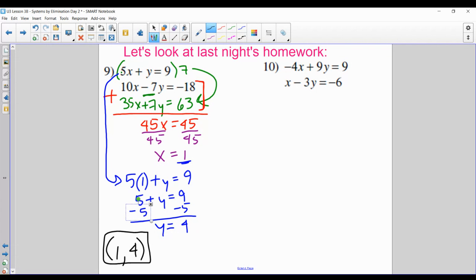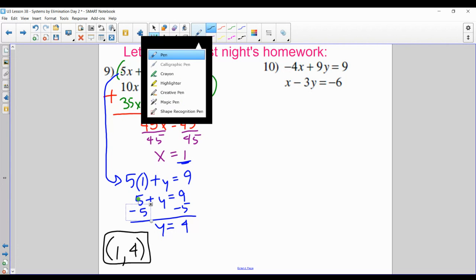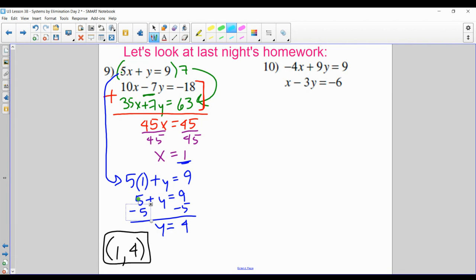All right, let's look at one more. If I look at this, again, what I'm trying to decide is whether I should make the x's match, or make the y's match. You can do either one. I always look at the small coefficient.